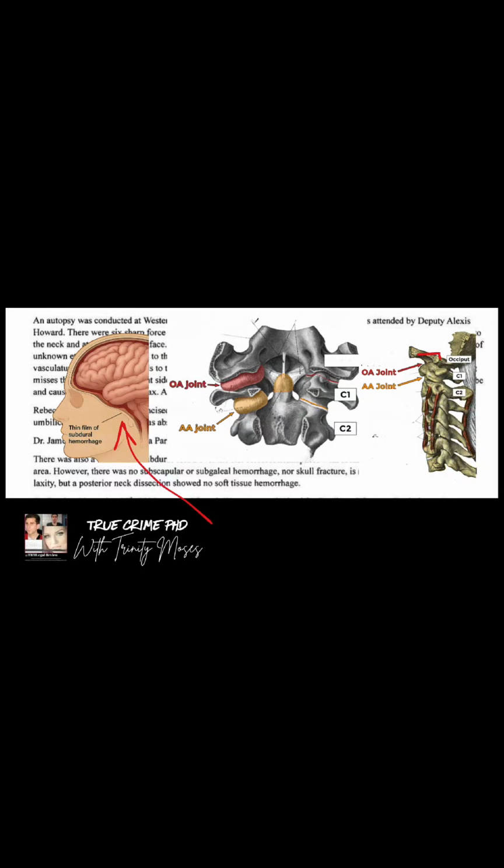So when the body goes to relaxing, when you start to decompose, that specific OA joint is going to do the same. It's no longer going to be hard. It's no longer going to be tough. It's relaxed. So if there's no trauma, there's no hemorrhage, there's no decapitation, none of that, then that is what it is.